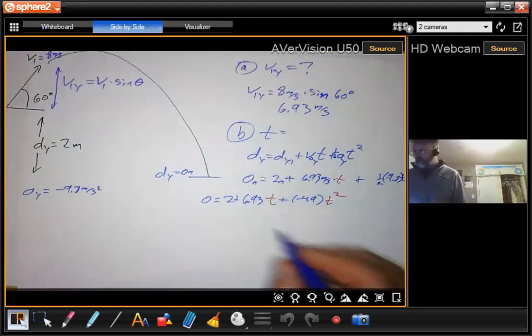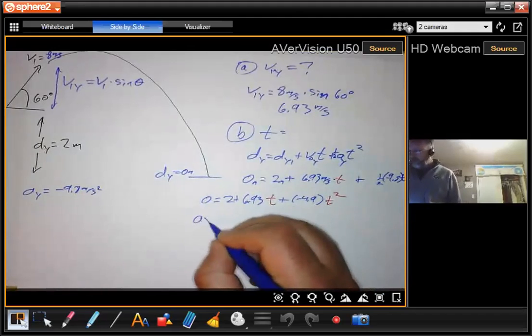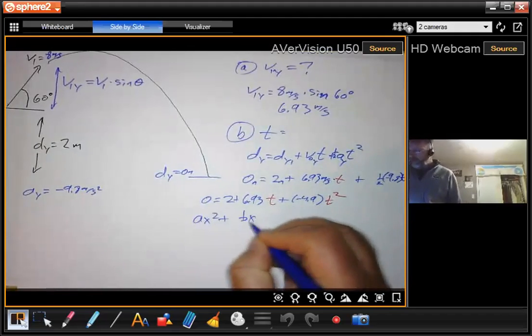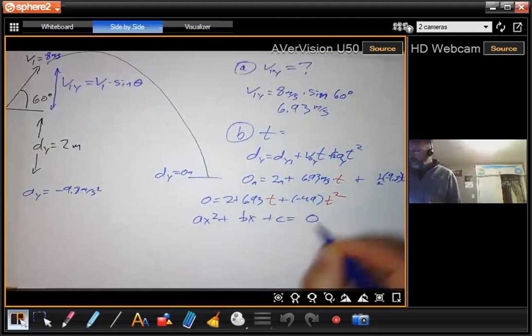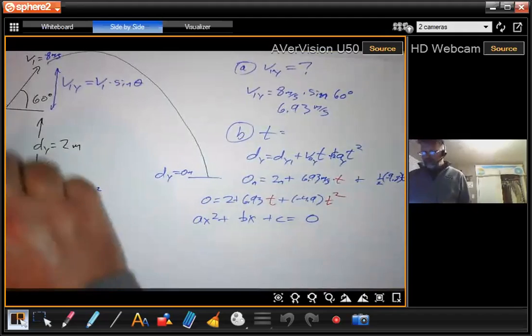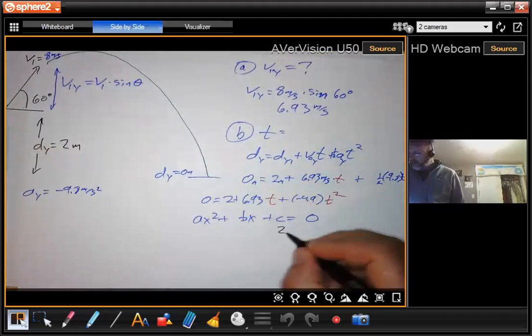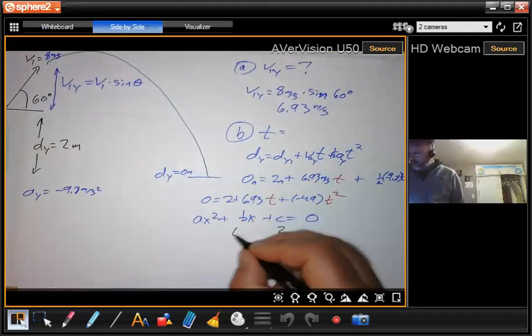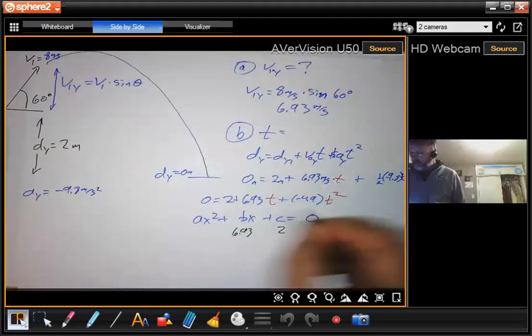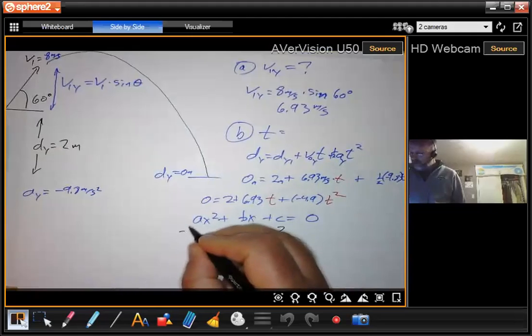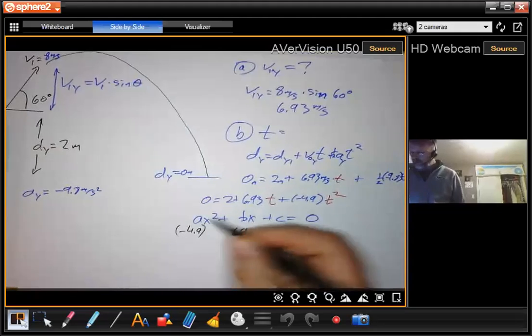We're going to have to do something like, it already equals 0, which means our C is 2, our B was 6.93, and our A was negative 4.9.